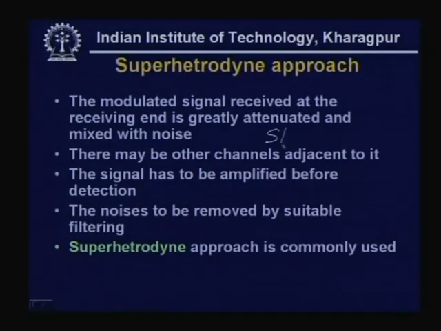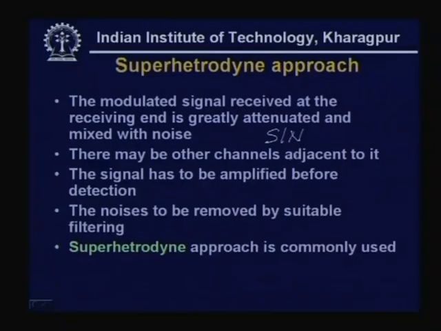So, at the receiving end, the signal to noise ratio is very poor, and the signal level is also very low. Moreover, there may be many other channels adjacent to the signal. That means you will be using some kind of frequency division multiplexing. So, a number of channels may be transmitted, very close, side by side. In such cases, recovering the signal may be a little difficult.